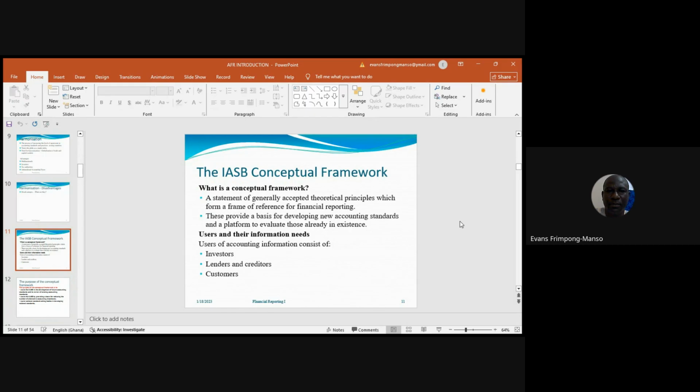Government, they are users. Trade unions, they are users. So many of them. The tax authorities. I've just listed some of them. As we go on, you will get to know the users and the information that they need from the preparation of the financial statements.